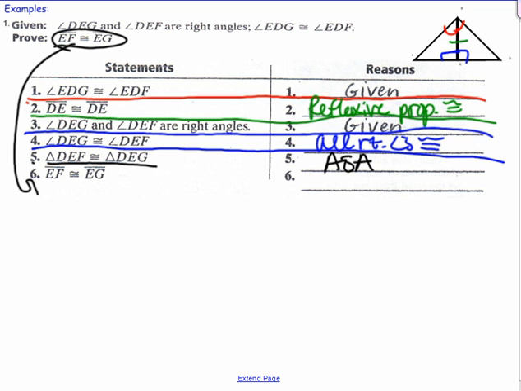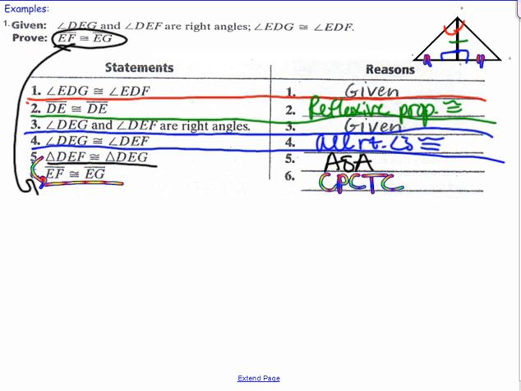Now, this is where that CPCTC comes from. We have EF congruent to EG. They're saying another part, and notice it's right after saying my triangles are congruent. So my reason for this is corresponding parts of congruent triangles are congruent.